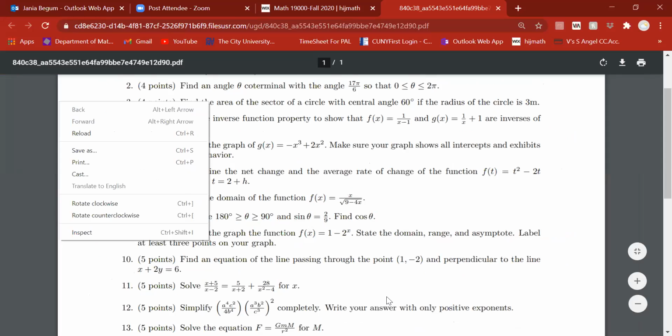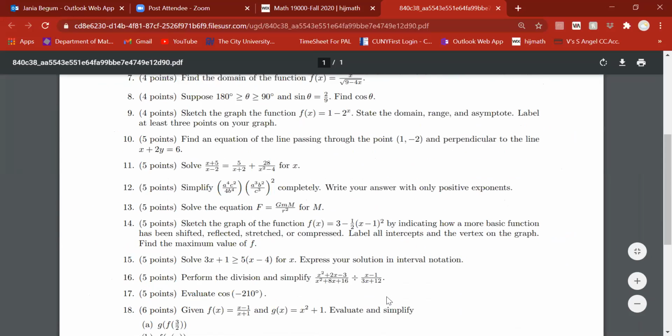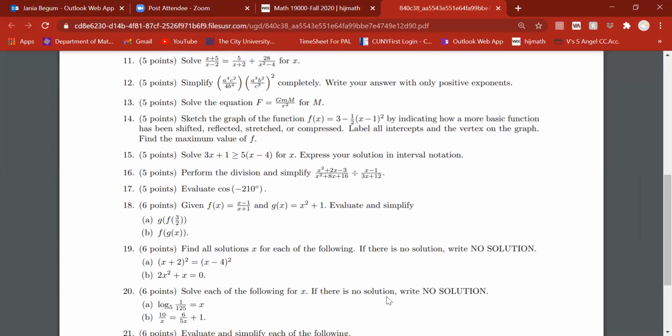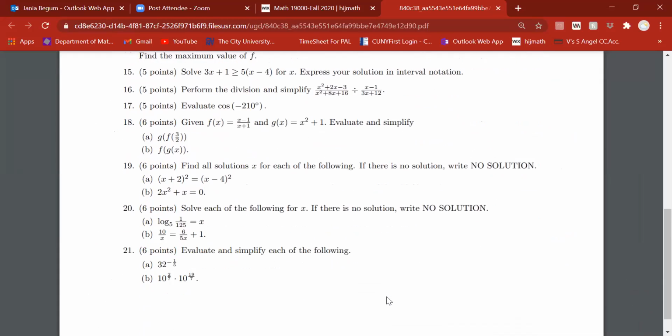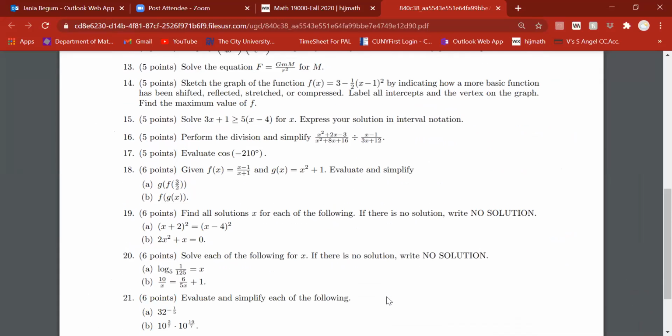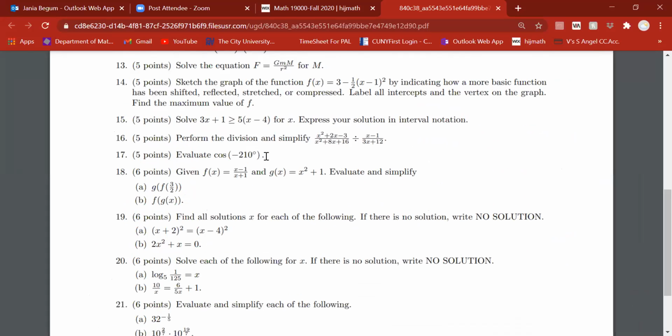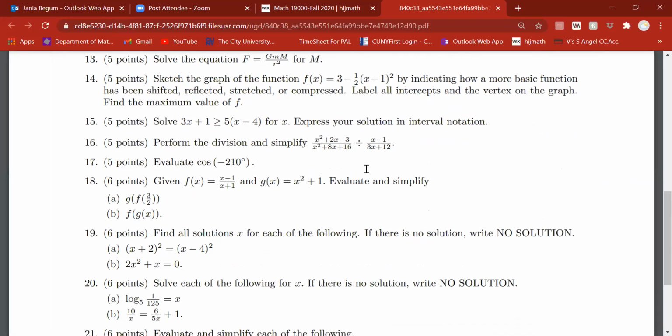Let me know if you want me to show work for any other questions from here. They have number 16. Okay, so for perform the division and simplify, you just keep, change, and flip, right? And you multiply. Right, you factor. So do you want to see how that's done? Yeah, please. All right, so let's do that question.